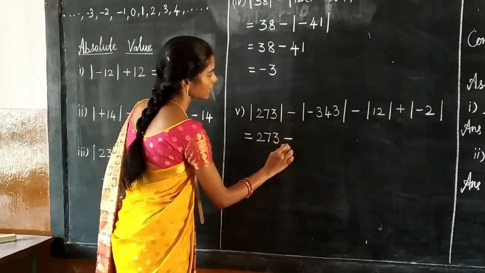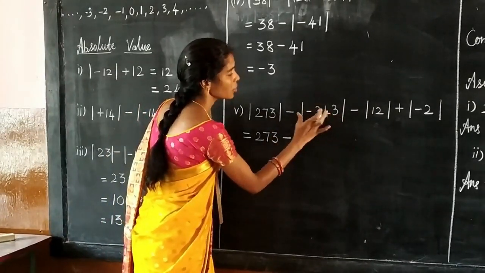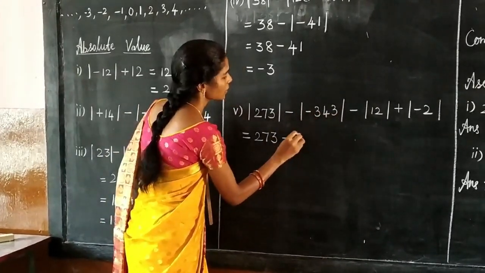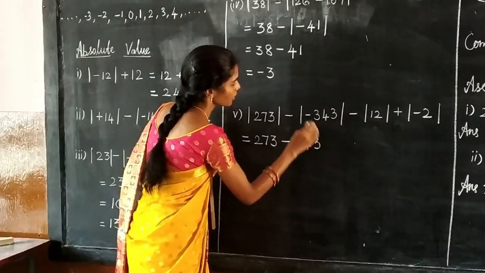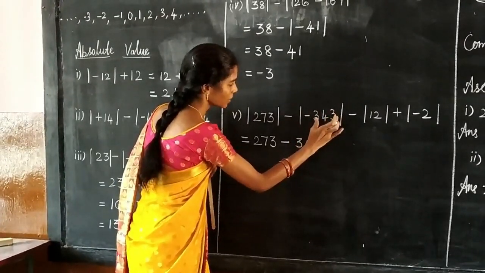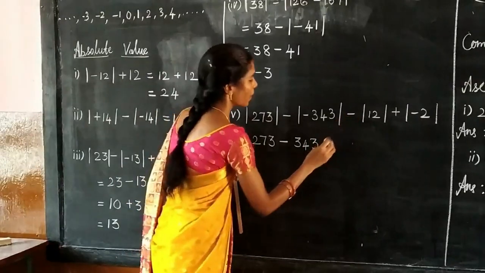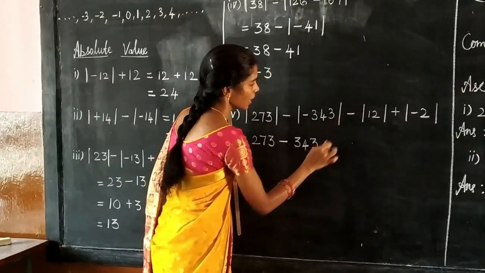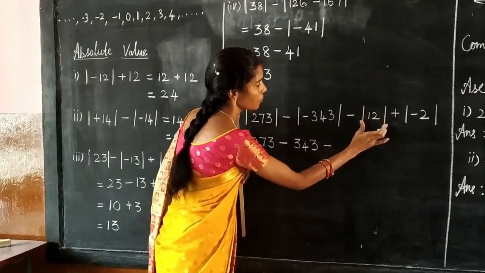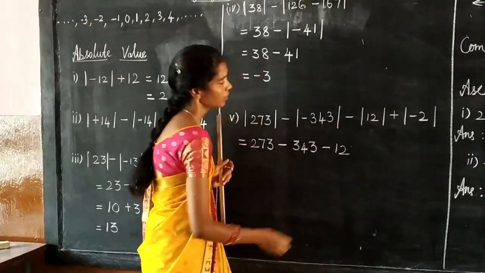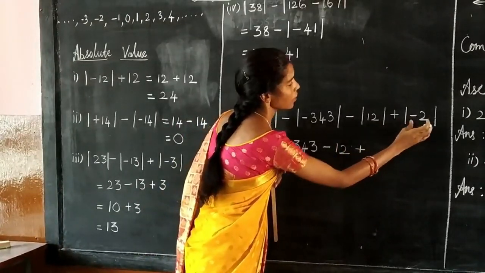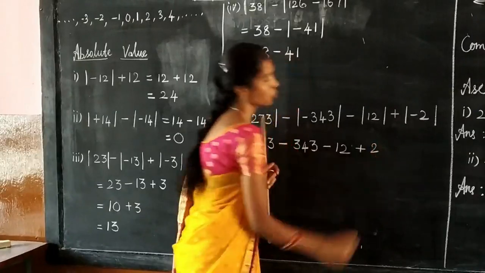So minus is as it is. Then minus absolute value of minus 343 is only 343. Without the sign we are writing only the number 343. And the minus sign is there in the question, the same as it is. Then the absolute value of 12 is 12 plus the absolute value of minus 2 is 2.